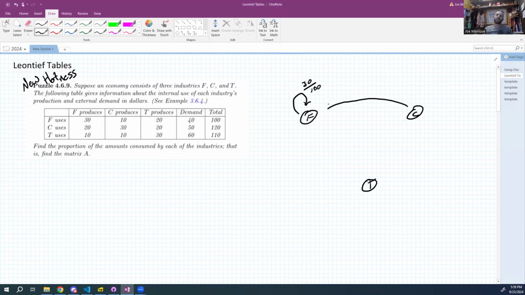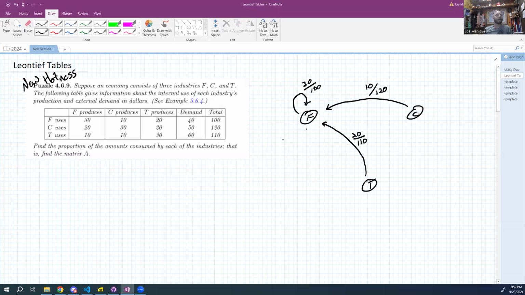So that's C sends to F 10, but what is it out of? It's out of C's total, which is 120. Then F gets from T, so T produces 20 and F uses it, and that's 20 out of T's total production, which is 110.